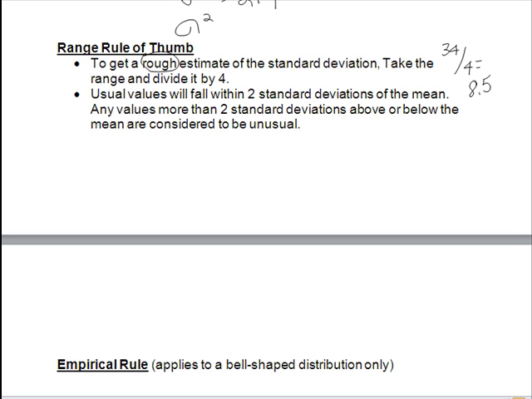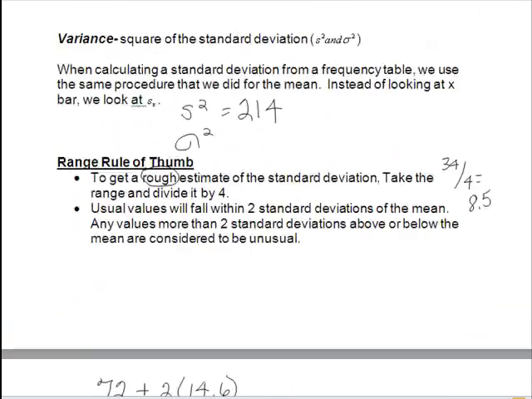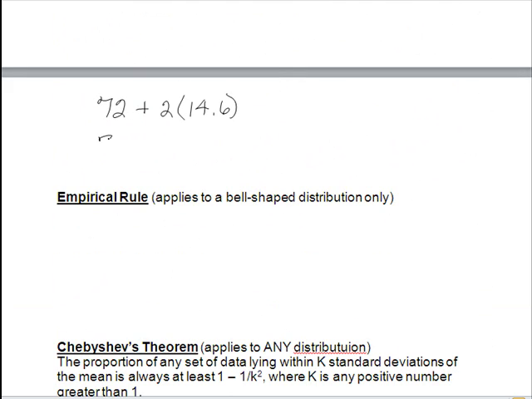Okay, our standard deviation was 14.6, I think. Yeah. Okay, and we want to look at this: our maximum usual value, and this one will be our minimum usual value.